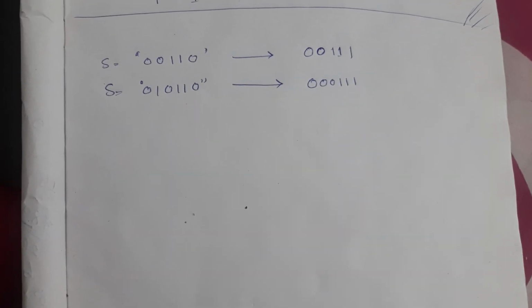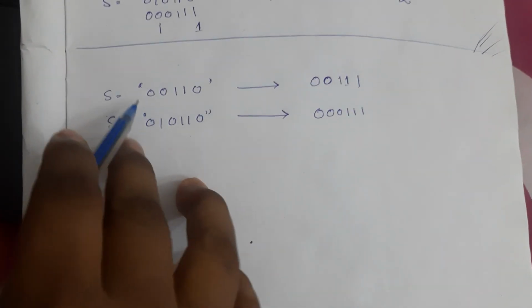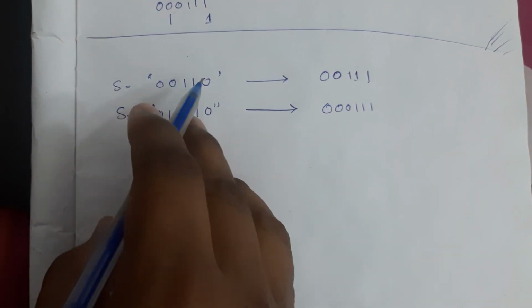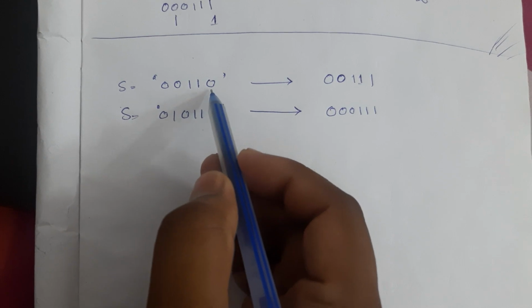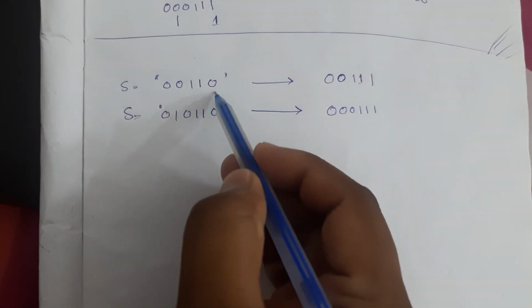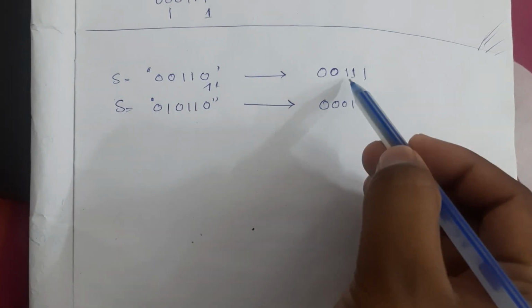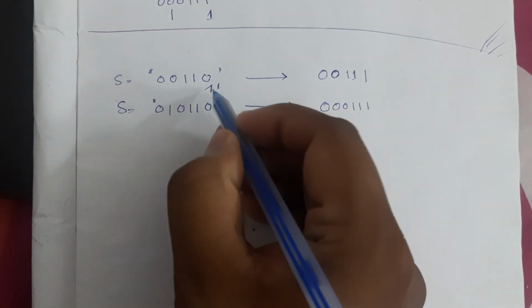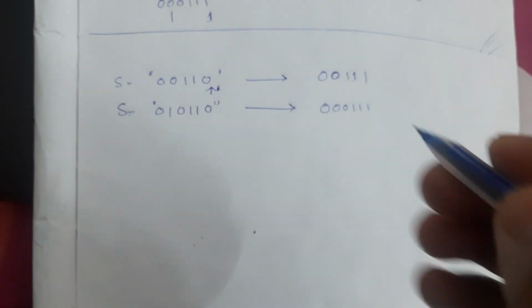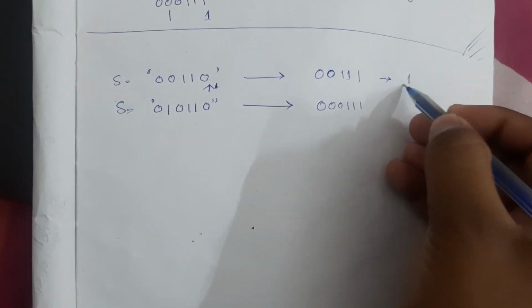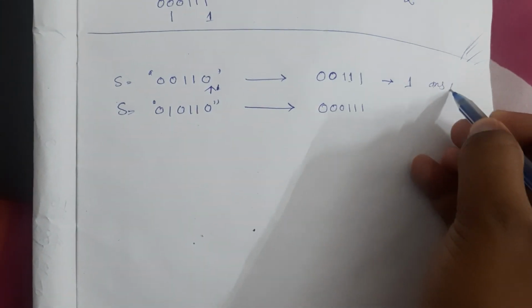Now let's understand the problem with examples. In the first example we have 0 0 1 1 0. If you convert the last 0 into 1, it becomes 0 0 1 1 1. So the number of flips is 1, and the answer is 1.